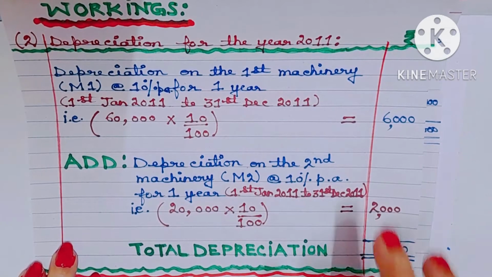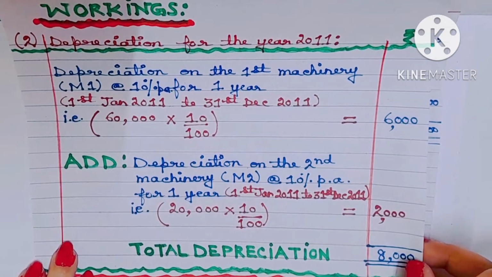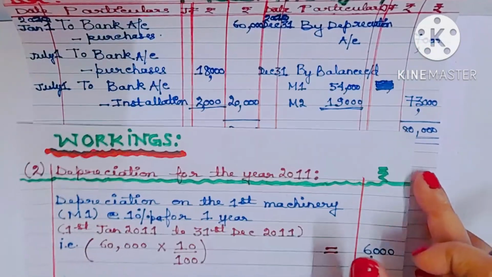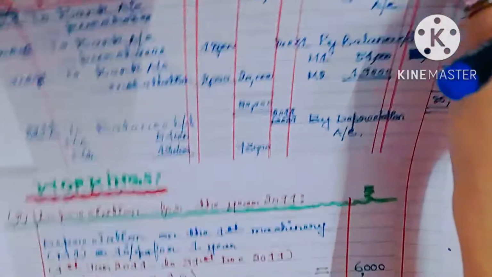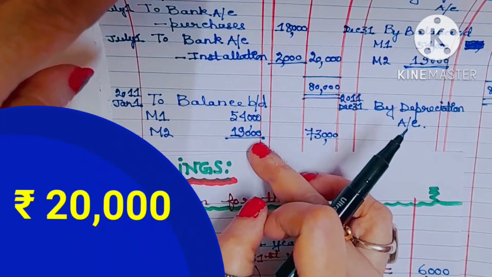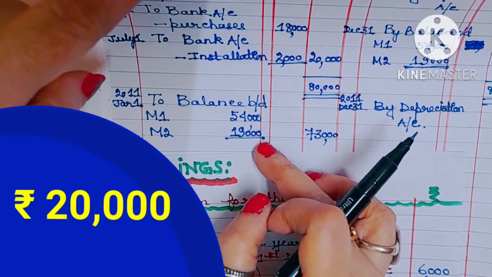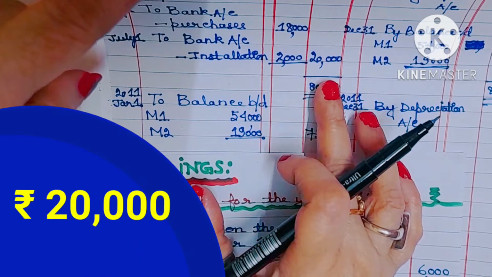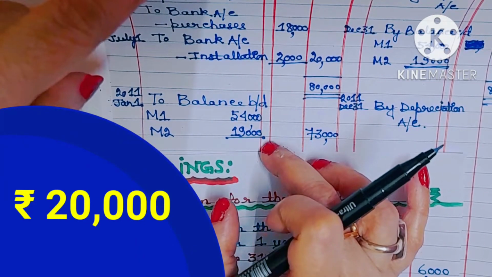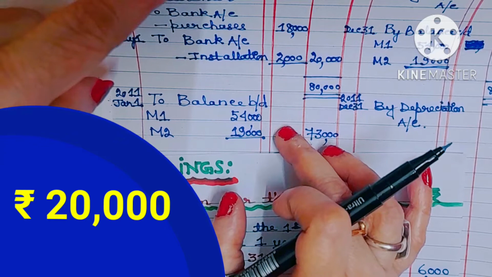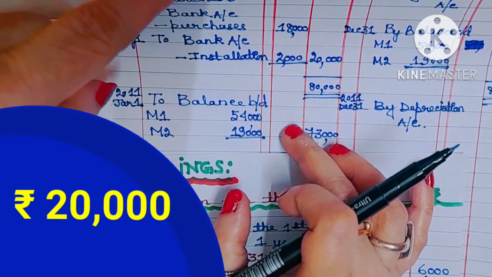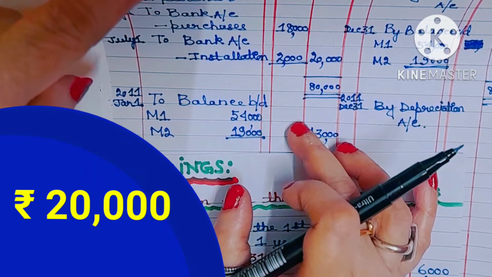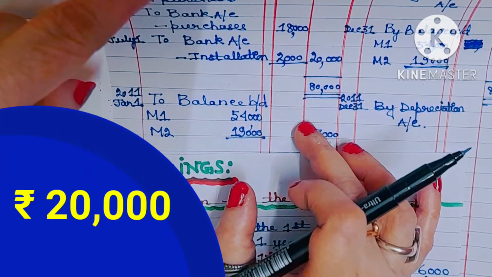So the total depreciation will be 8,000 and you have to charge depreciation for the second machinery on 20,000, not on 19,000. Please remember, we charge depreciation on the second machinery on the original cost of the asset, that is 20,000, not on 19,000, because we are charging depreciation under the straight line method, or fixed installment method, or original cost method, or equal installment method, or SLM in short form.